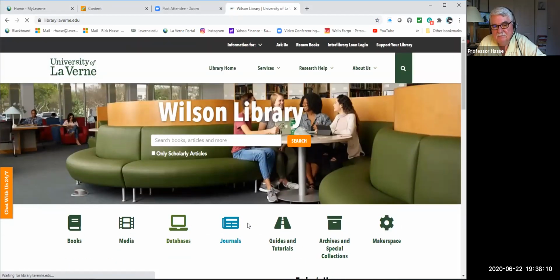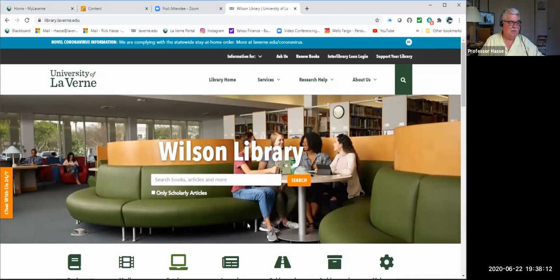There it is right there. And the Wilson Library, like any other library, where most of us now are working online or from home, has databases and resources for us to use to find financial and business information to help us do some of our work.